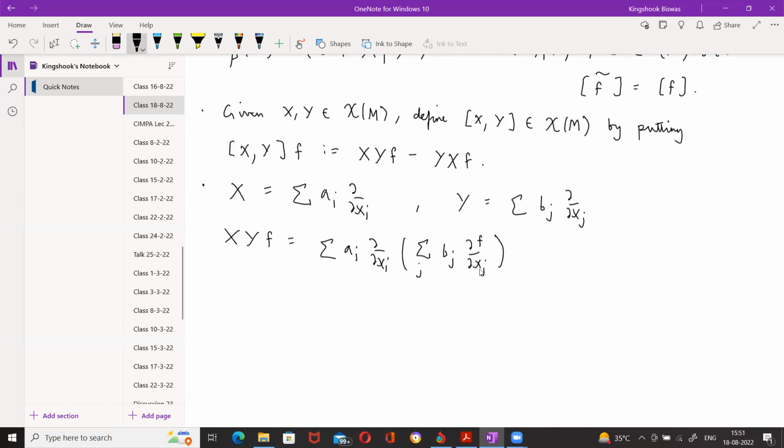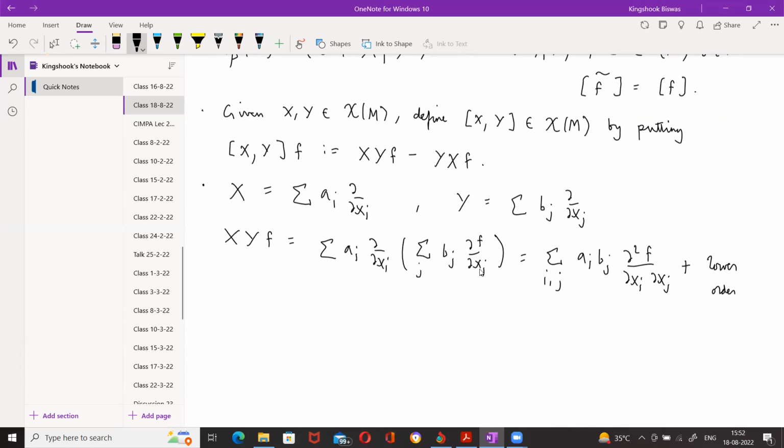In the degree 2 term, I won't differentiate the b_j; I'll just differentiate the del f/del x_j. So the highest order term will be the sum over i,j of a_i b_j del squared f/del x_i del x_j, plus lower order terms. This is the highest order term. Is this clear?